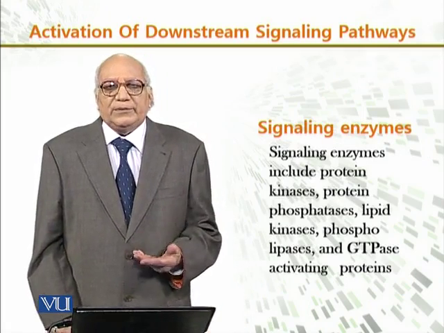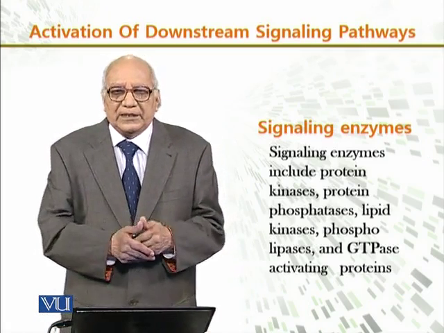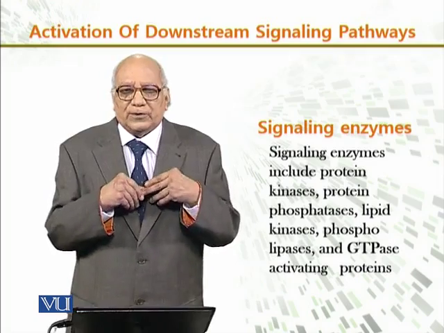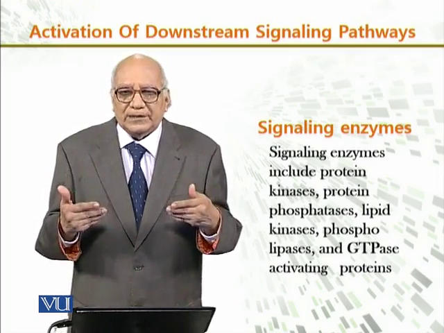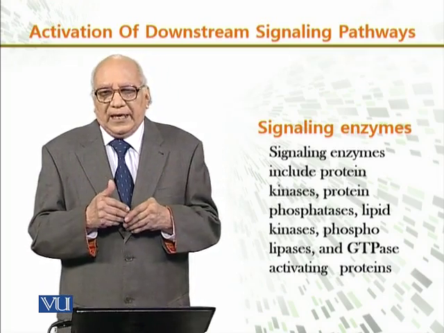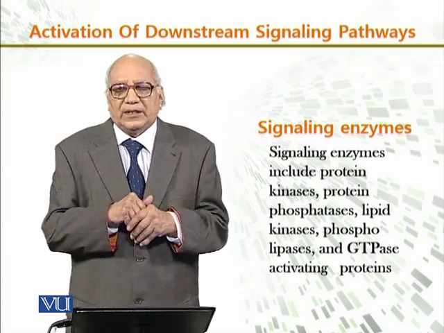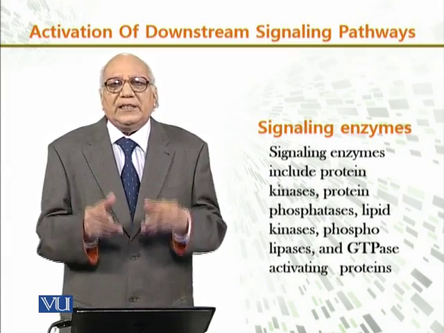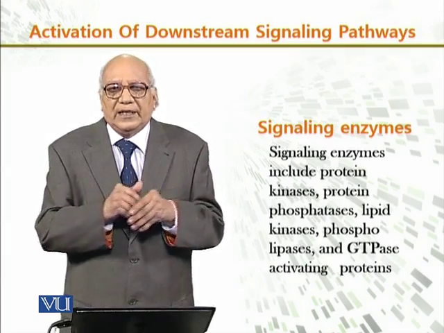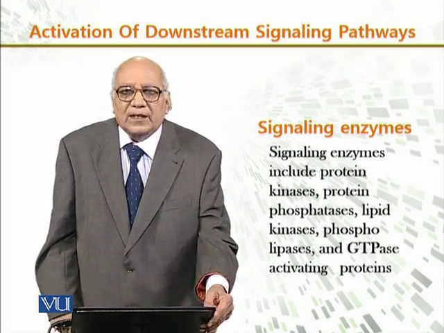Now, signaling enzymes, the fourth and the last. They include protein kinases, protein phosphatases, lipid kinases, phospholipases, and GTPase activating proteins. They are the signaling enzymes. That is, they will, as a matter of fact, transduce the signal which the cell should receive.